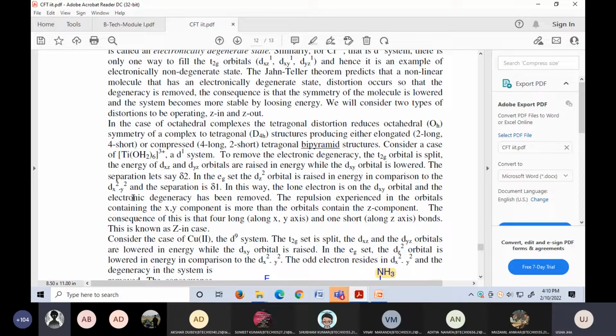So that is what is happening, not only just in the T2g, it will be the Eg also in which you will have this distortion taking place. In the Eg set, the dz squared orbital is raised in energy in comparison to the dx squared minus y squared, and the separation is delta 1.